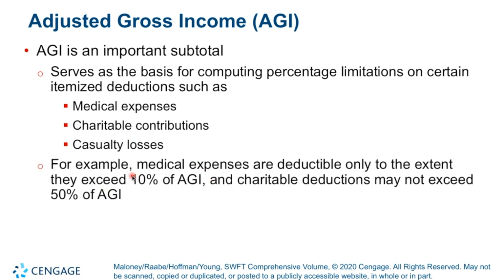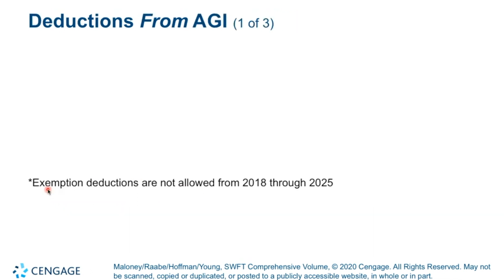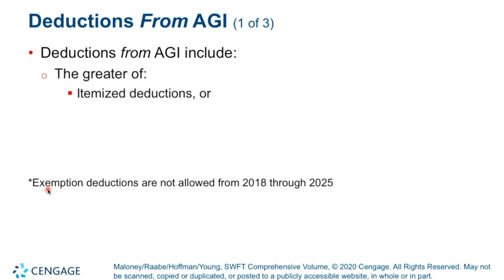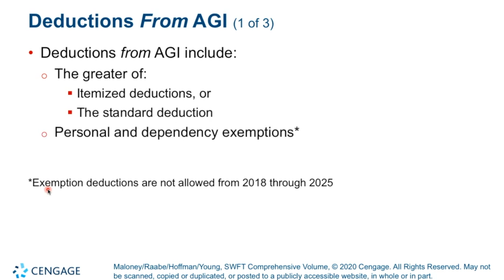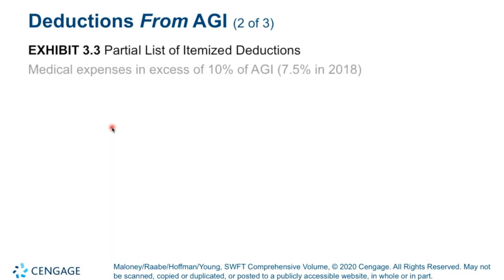See, we see 10% here. 50% of AGI, that's pretty big for the charitable, but for medical, it's pretty difficult to spend more than 10% of your income, and you only get more than 10% of your income as a deduction. So deductions from AGI include the greater of the itemized deductions or the standard deduction. Like I said before, it's either or, and personal exemptions and dependency exemptions no longer count.